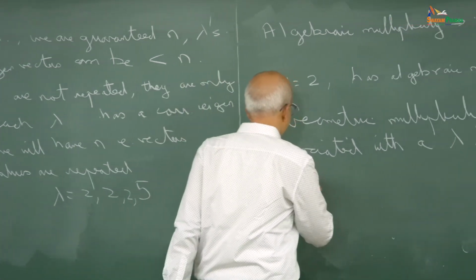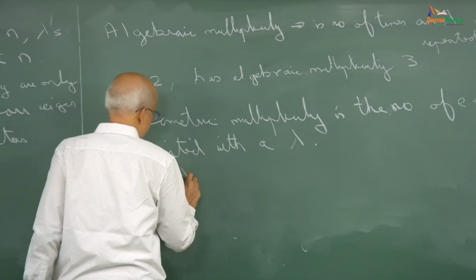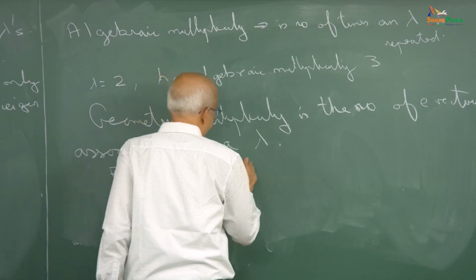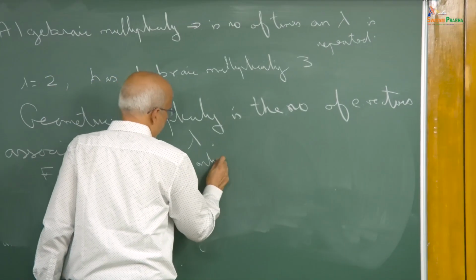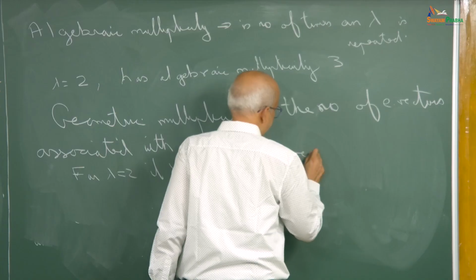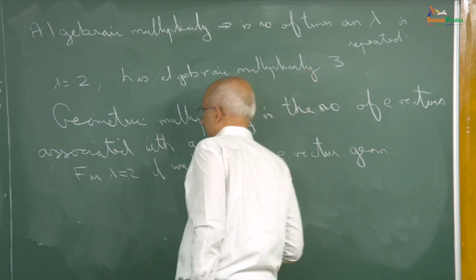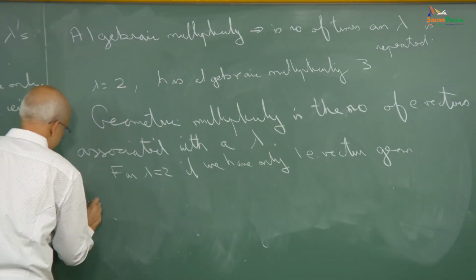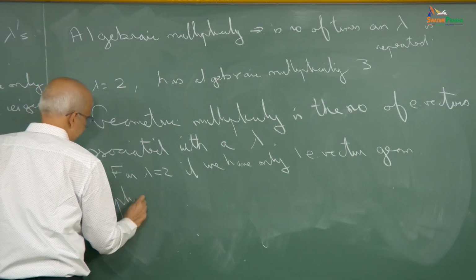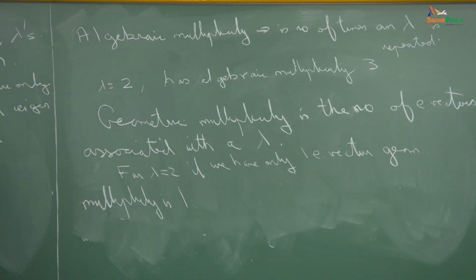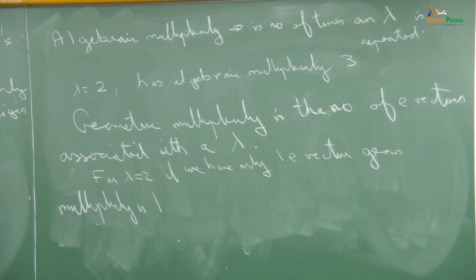So for lambda equal to 2, if we have only one eigenvector, then the geometric multiplicity is 1. So that's the difference between the algebraic multiplicity and the geometric multiplicity concept.